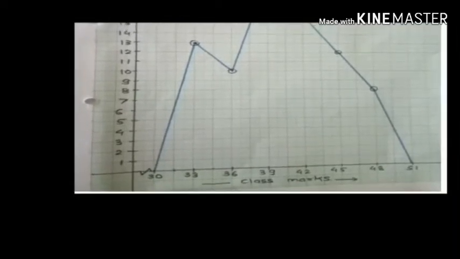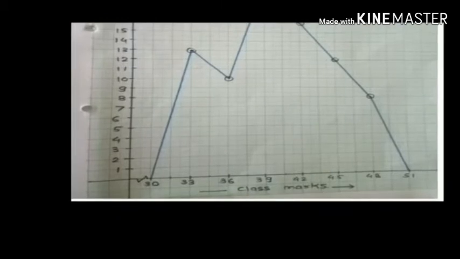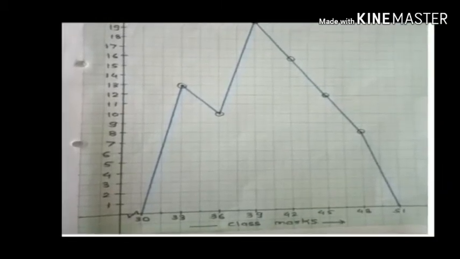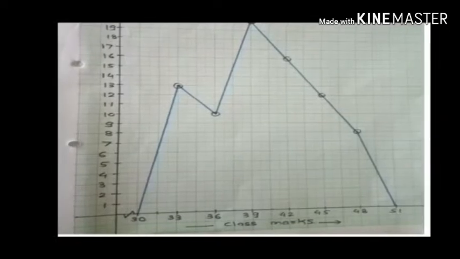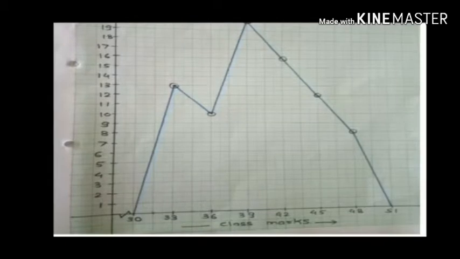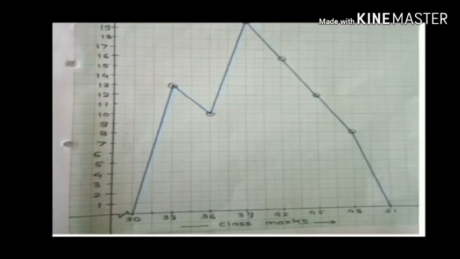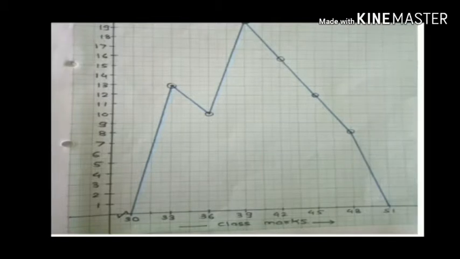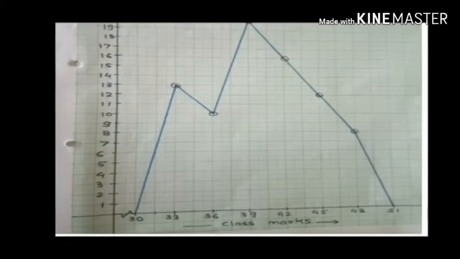So the new frequency distribution table will look like this now. The intervals would be 31.5 to 34.5, 34.5 to 37.5 and so on. So you can now see the class intervals are continuous. Class marks have also been calculated and the related frequencies are also written.